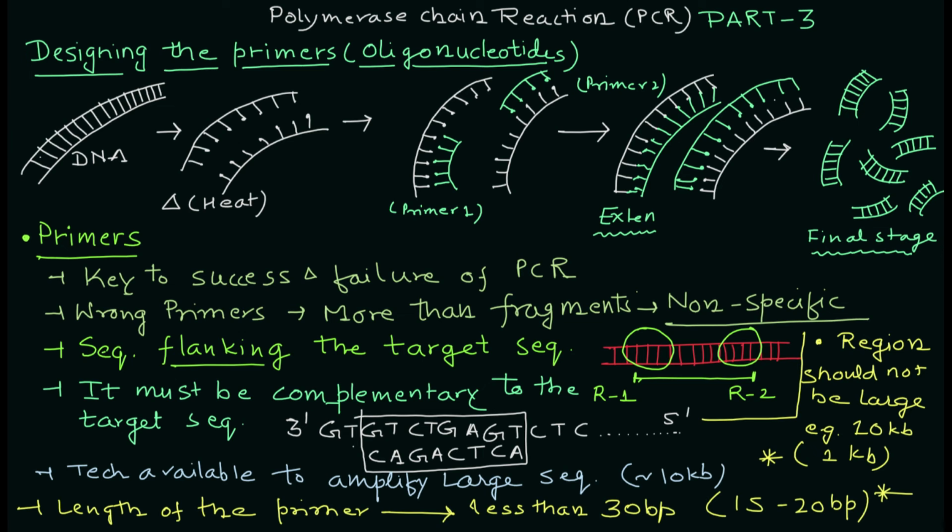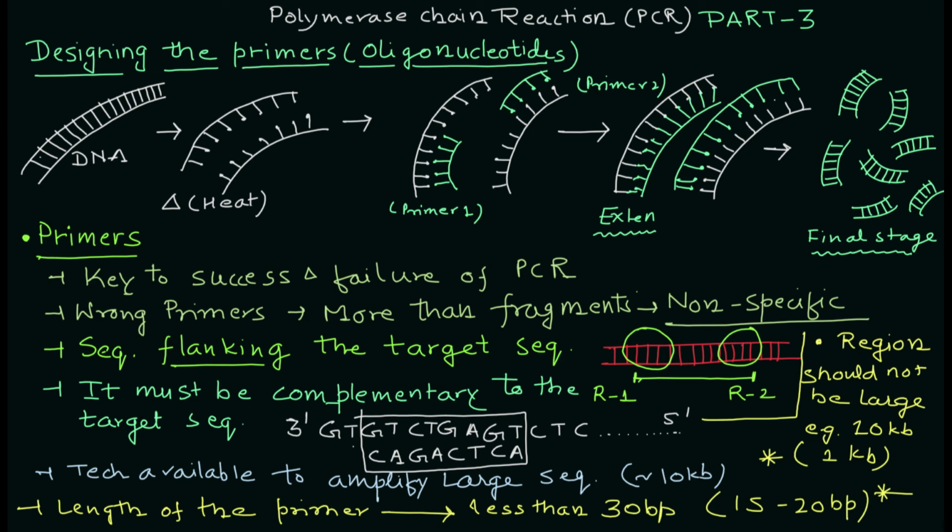And I have also shown you how you can construct the primer, just one example. And in a similar way, you'll have another primer for the second sequence. We have also discussed that you cannot really amplify larger sequences up to 10 kilobase pair with standard conditions. You need different types of polymerases for that, but those polymerases are available.